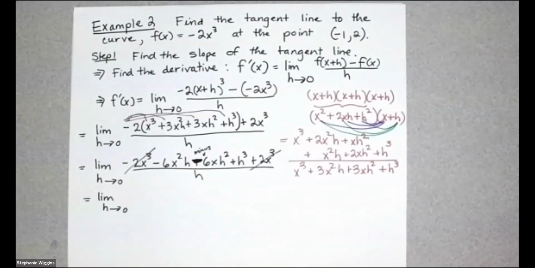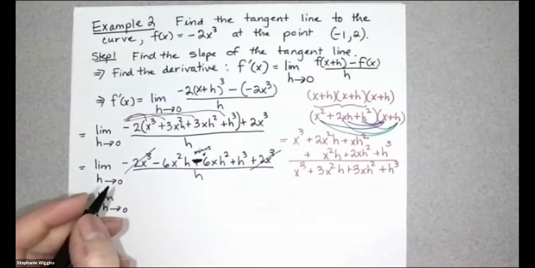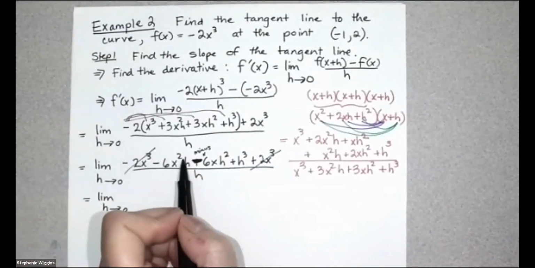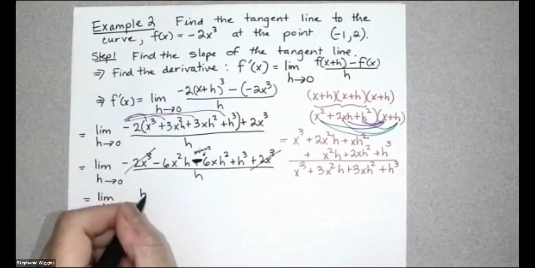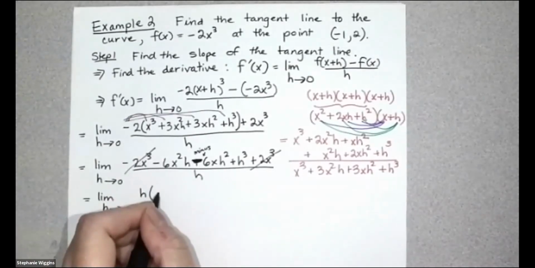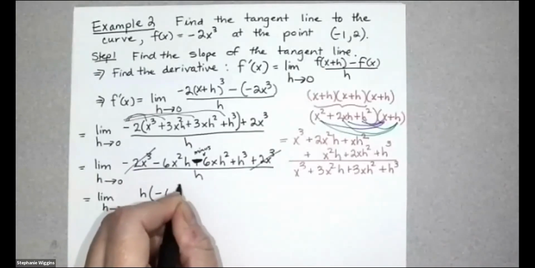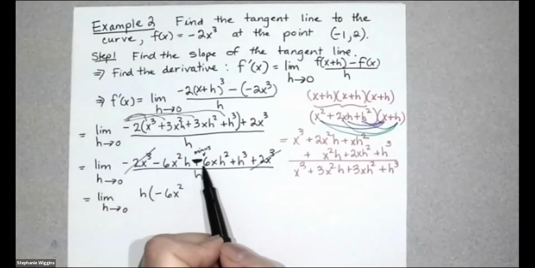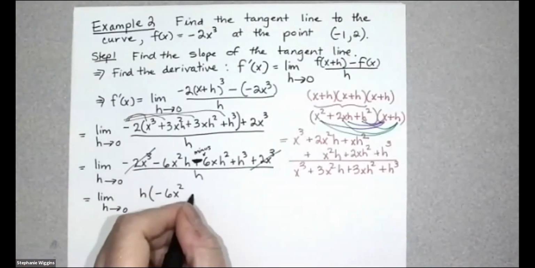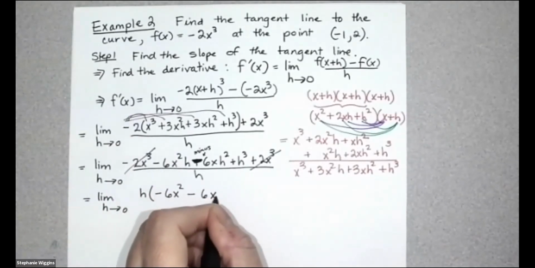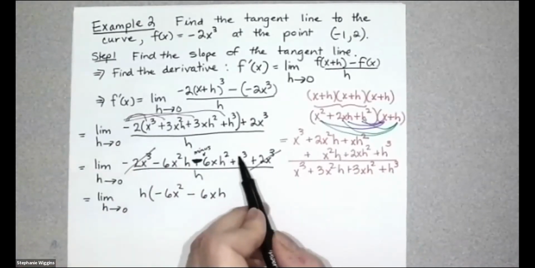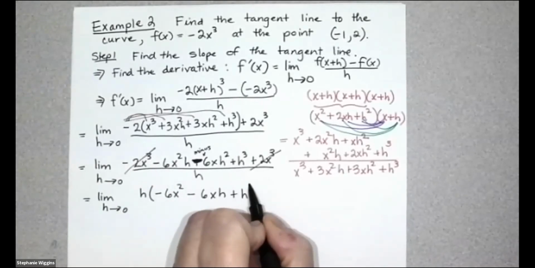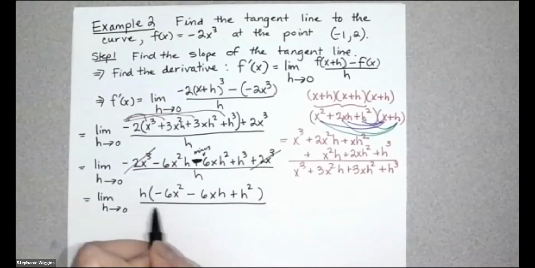And let's see, I get, taking an h out here leaves me with negative 6x squared. And then taking an h out here, negative 6xh. And taking one out here is h squared.